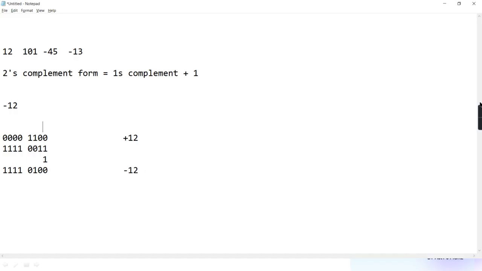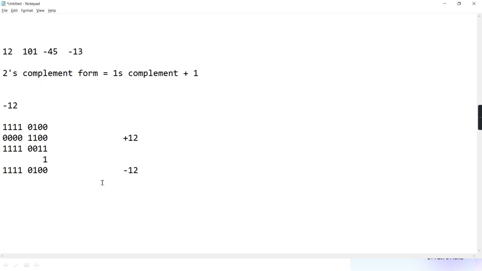From LSB, I keep it as it is, and then I complement. Yes or no? Is it the same answer directly? Yes. So henceforth, whenever I say find 2's complement, you will not do 1's complement plus 1.